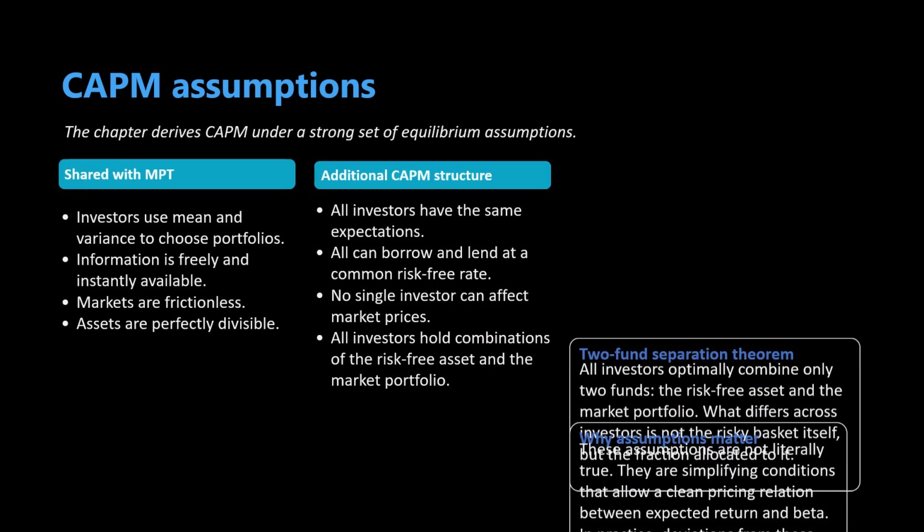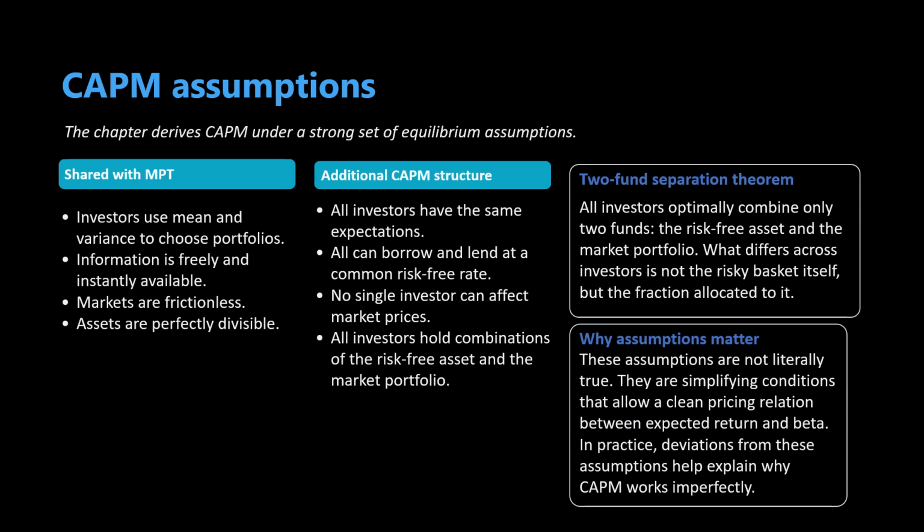Every model is associated with some assumptions, and understanding those assumptions is essential for both exam purposes and real-world application. CAPM builds on the MPT assumptions and adds several more. Let's go through them systematically. First, assumptions shared with MPT.